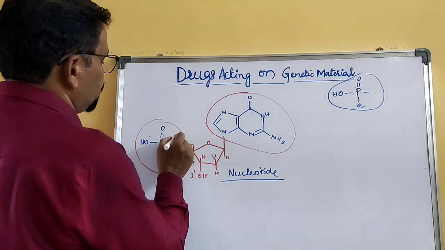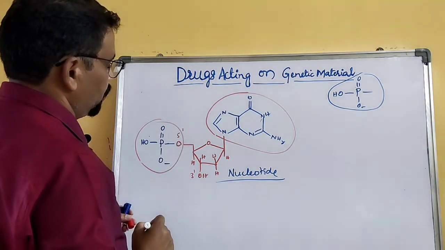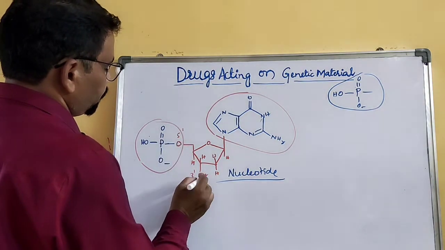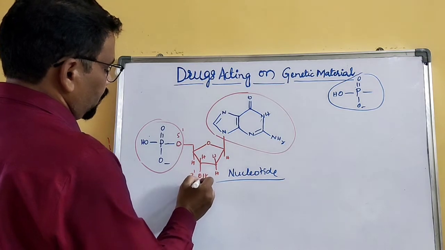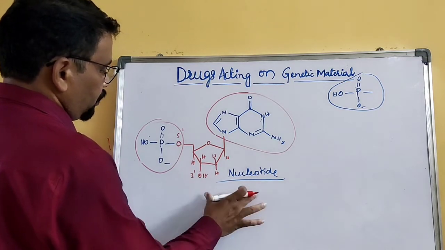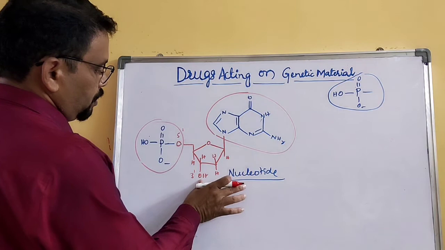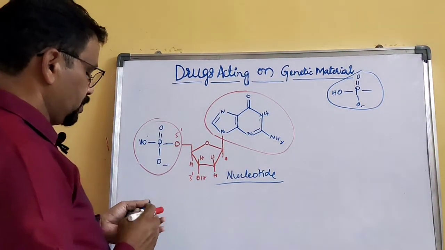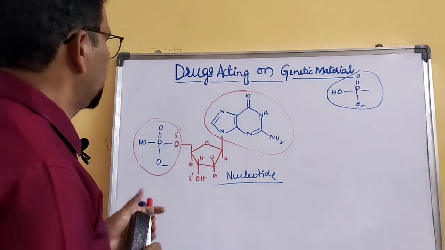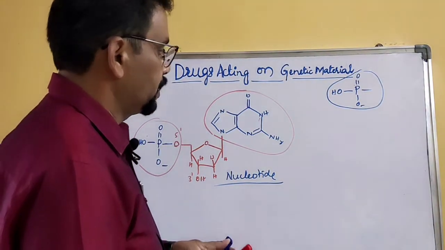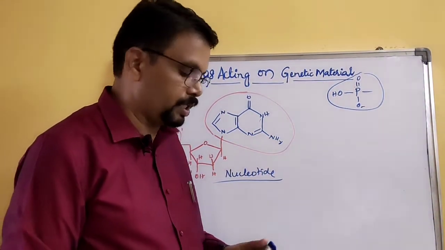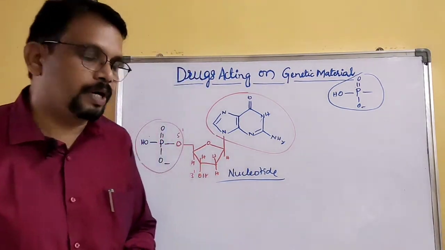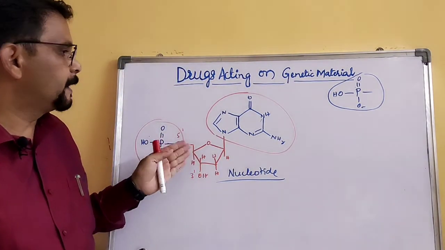And this is the 5' position. Another nucleotide will be attached at this junction, at this position. So this is the way a DNA molecule is composed. I hope you understand about DNA structure.